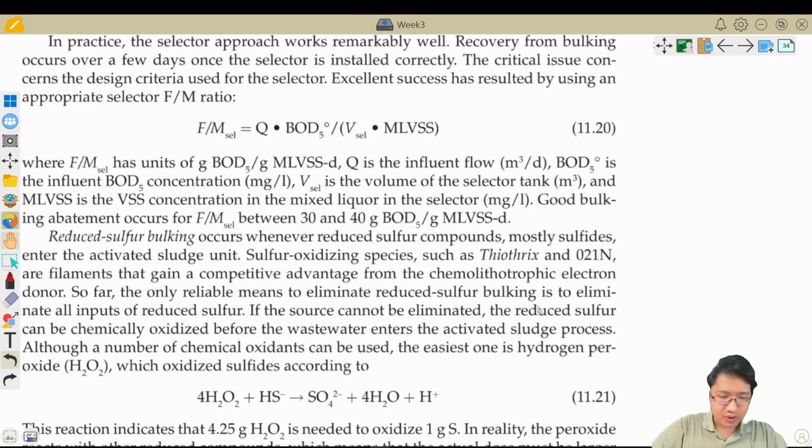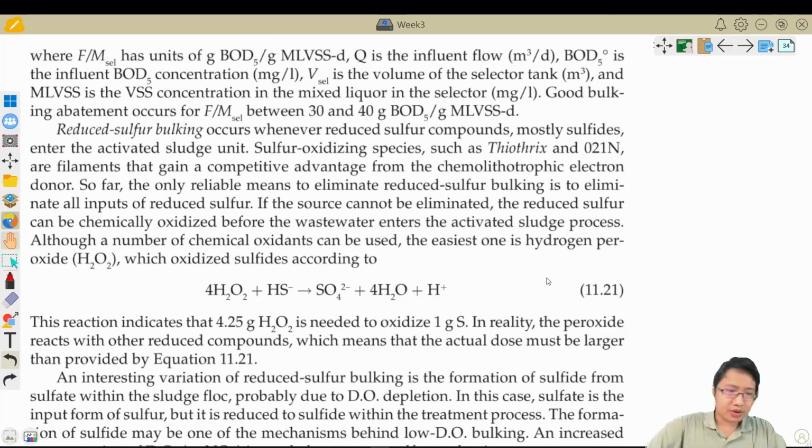And additionally, sometimes reduced sulfur bulking occurs. Those are associated with sulfur oxidizing species.